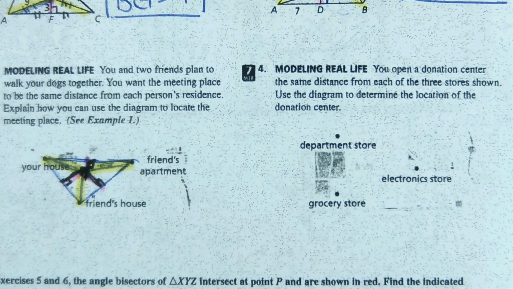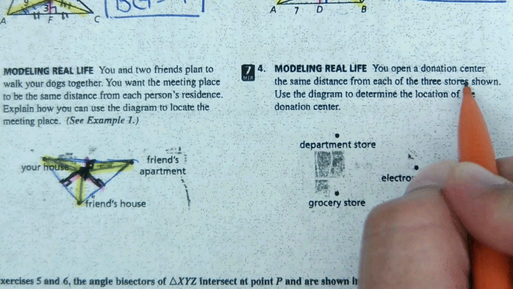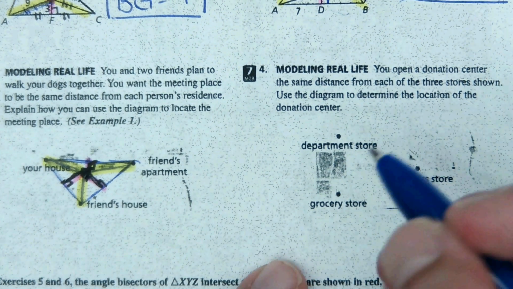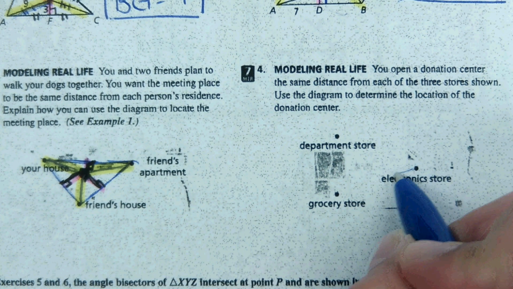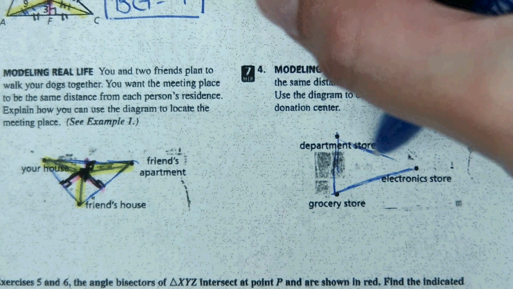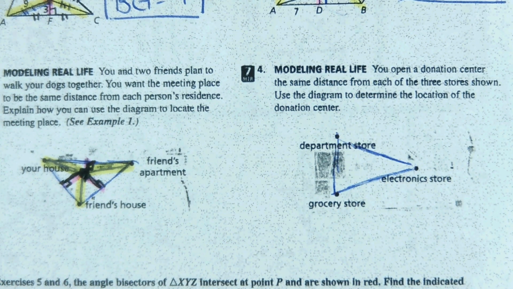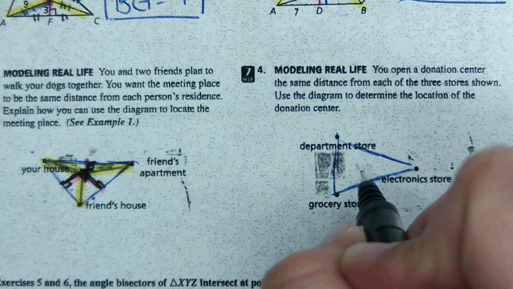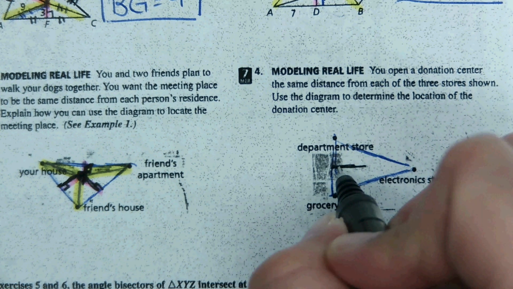Okay, number 4, same thing. It says you open a donation center the same distance from each of the 3 stores shown. Use a diagram to determine the location of the donation center. So just starting by drawing that triangle. Let's see. Then I'm going to try to draw a perpendicular bisector of each of the segments.